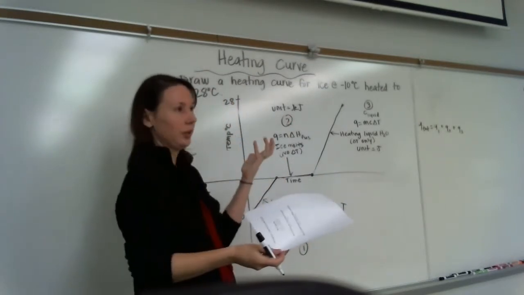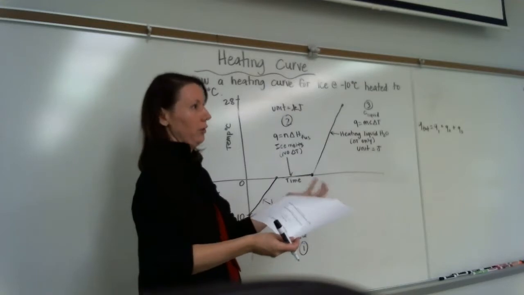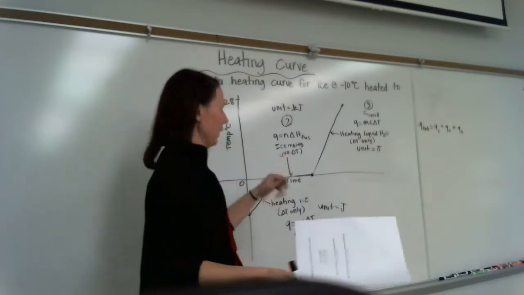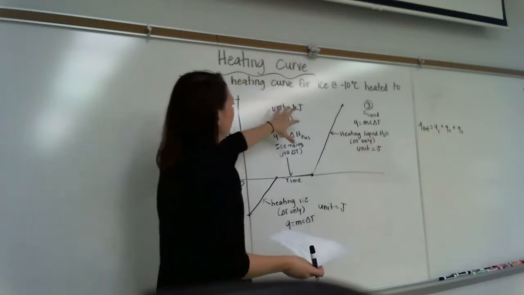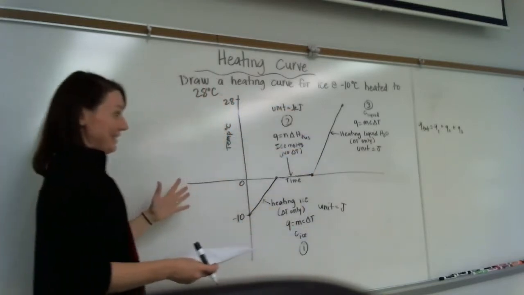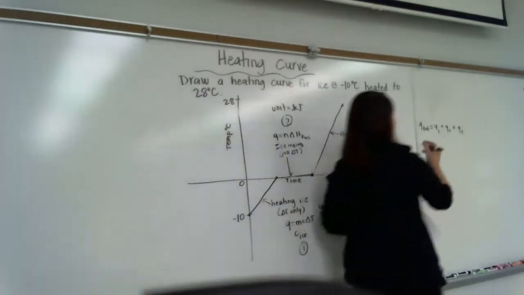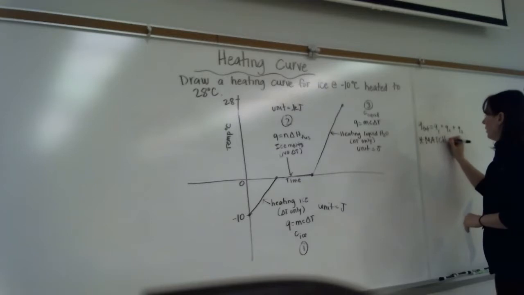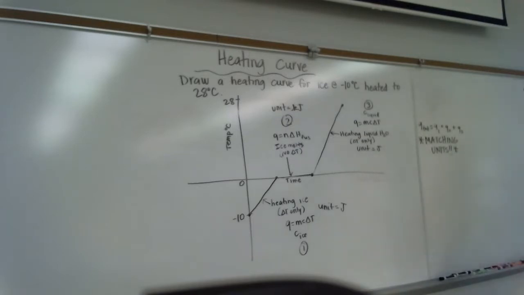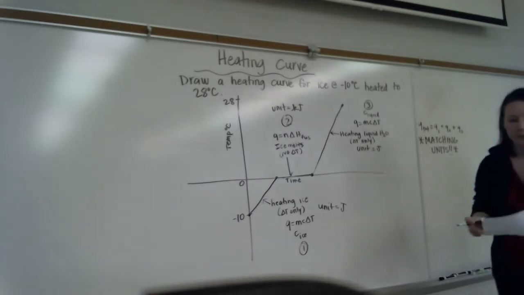It's not wrong to call it 1 times 10 to the 3rd, or 1,000, right? You pick one, but be consistent. Make sure your units match. Matching units. Your units have to match before you add. Because if you try to add joules and kilojoules, you're going to get a mess.